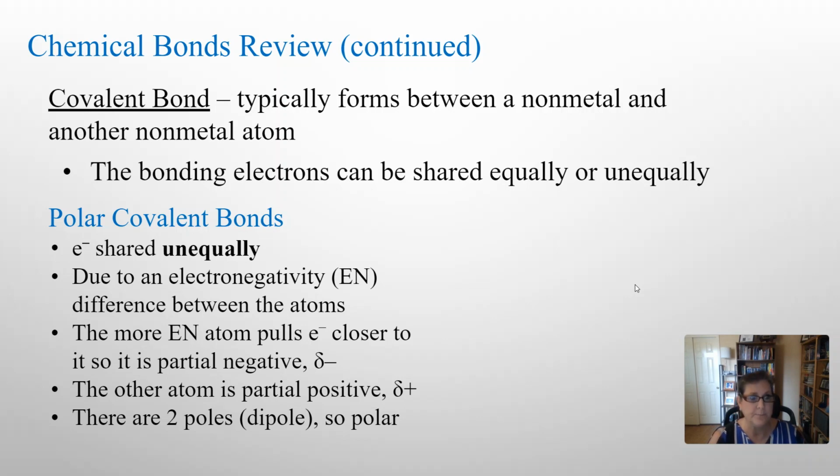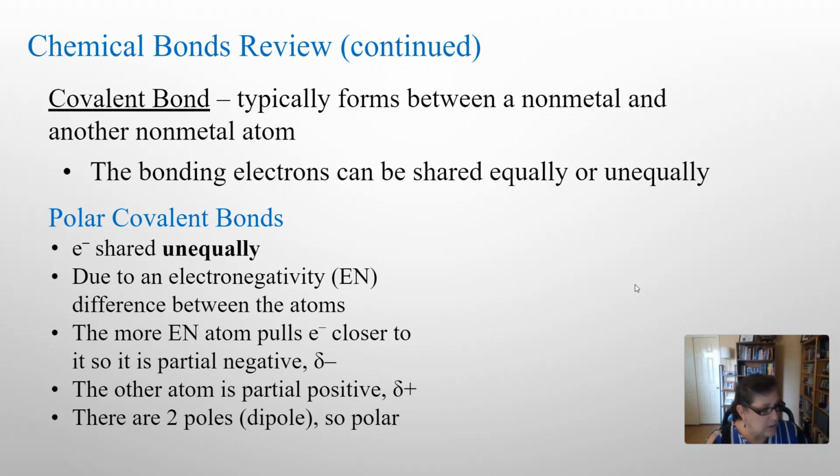Nonmetal bonds. Okay, let's start with polar. A covalent bond is polar when the electrons are shared unequally. This means one atom has the electron shifted over towards it more than the other atom. So this is due to electronegativity differences.